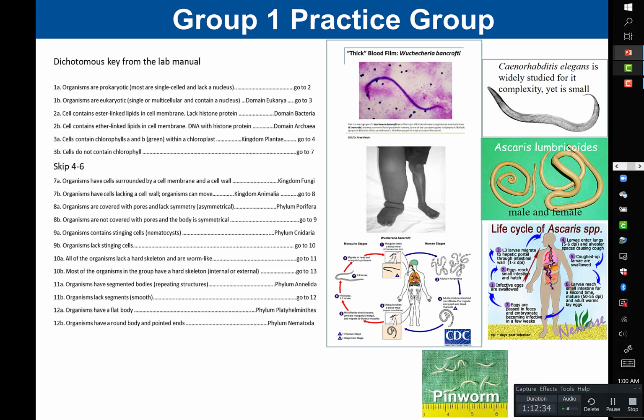They touch surfaces around the house. It's in their bedding. It's in their towels. These eggs are all over. If you come along and you touch those eggs or you happen to inhale those eggs, let's say you're changing the bedding and those eggs go flying and you inhale those eggs, those eggs, when you ingest them, will form those pinworms in your intestine.